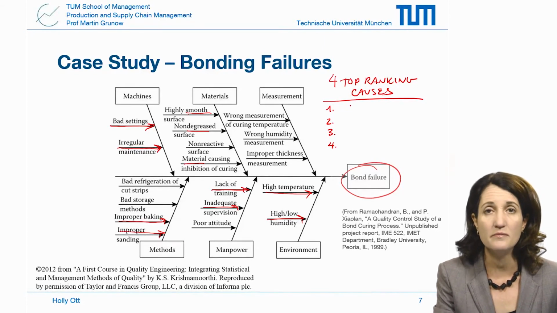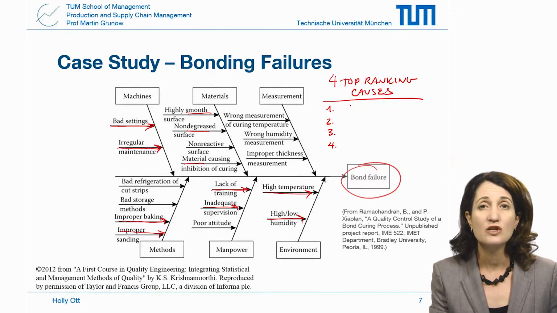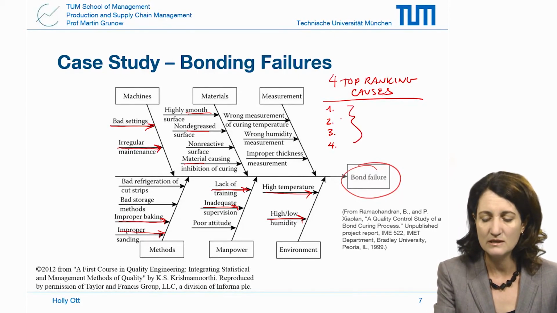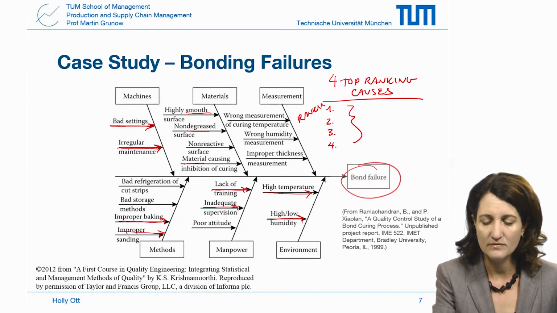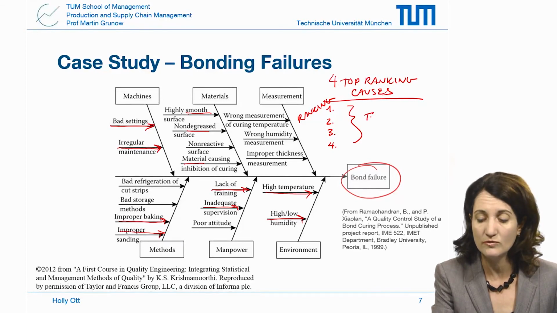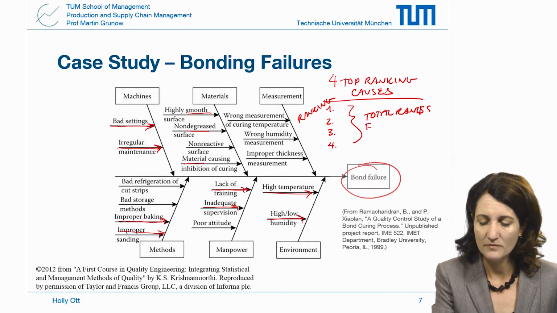And so for each cause, for all the different causes, this is the ranking, and then you total the ranks from all team members, and the lowest, not the 0 rank, but the lowest rank total gets the priority.